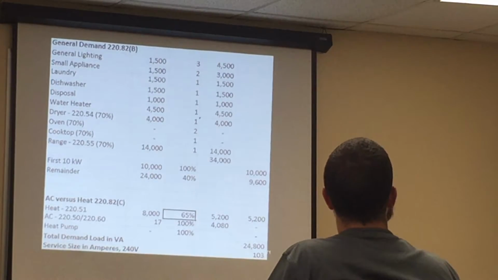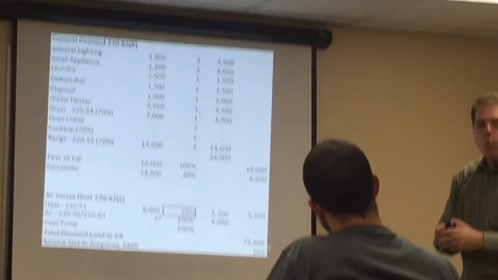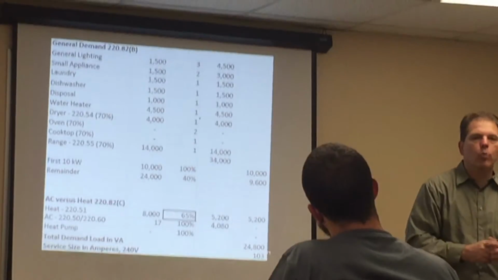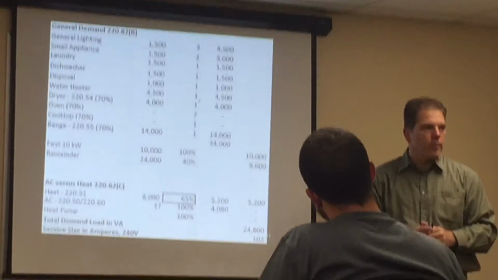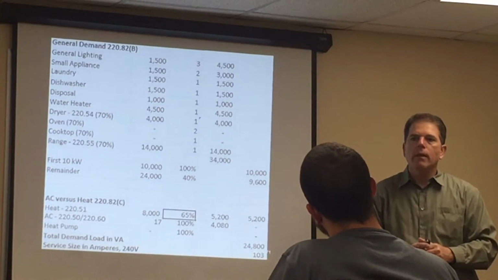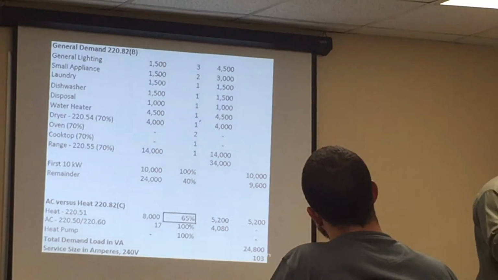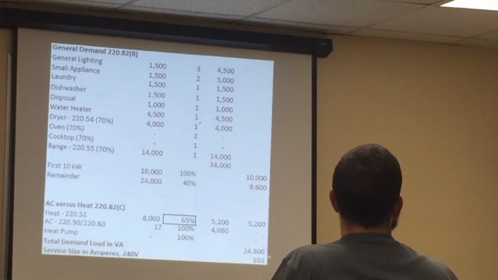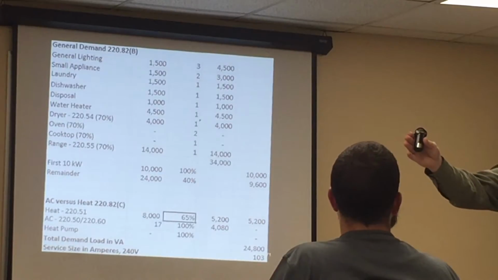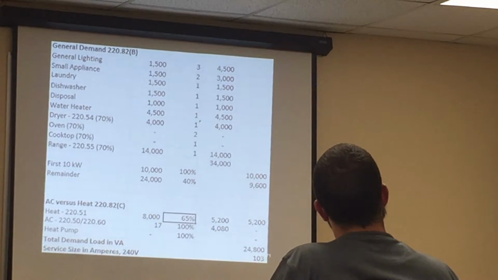What's the percentage of an air conditioner? 100%. What's the percentage of electric resistance heat? 65%. Not a heat pump, correct? It's just heat. Resistance kW heat. Okay? That's all it is, 65%.